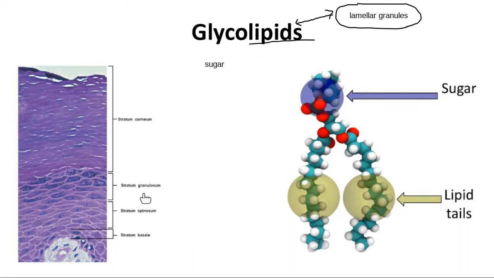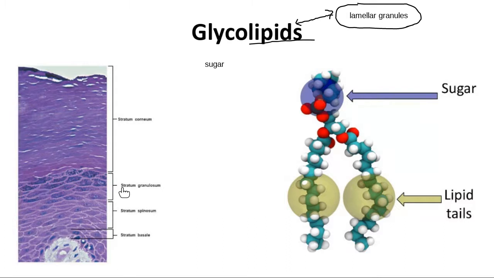So in stratum granulosum, these cells start to make these little purple granules, lamellar granules, or glycolipids. They spit them out around them. When they spit out these lamellar granules, or these glycolipids, they automatically become waterproof.